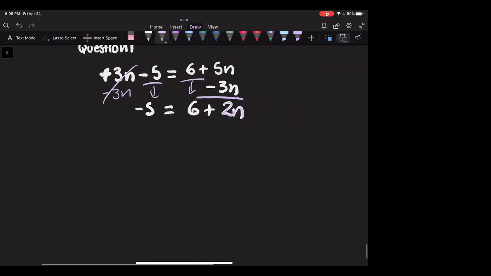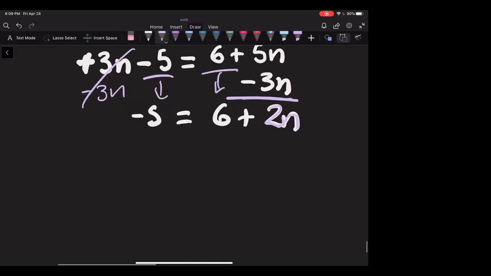Now we go back to BEDMAS. Do you see how we just bring the equal sign down too? Whatever's on this side of the equal sign, we keep on that side. We don't change it. We just bring it down.